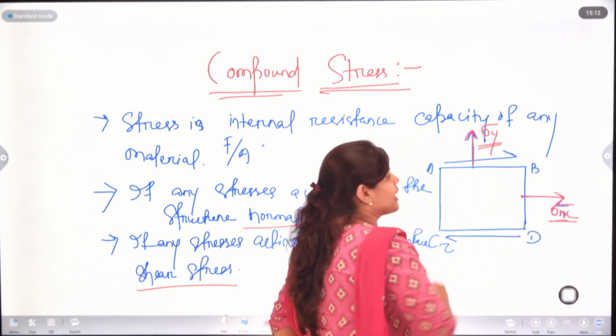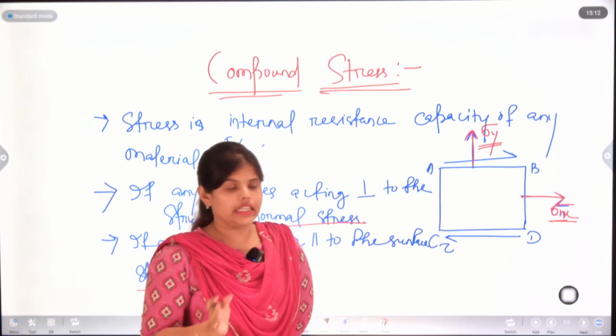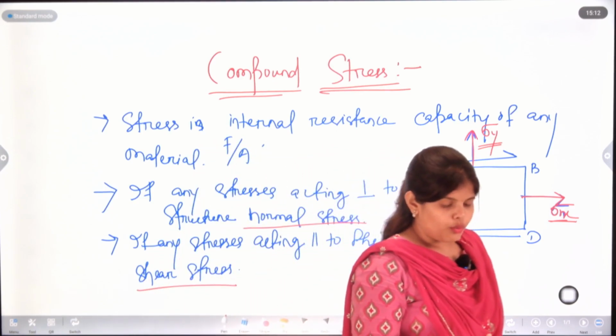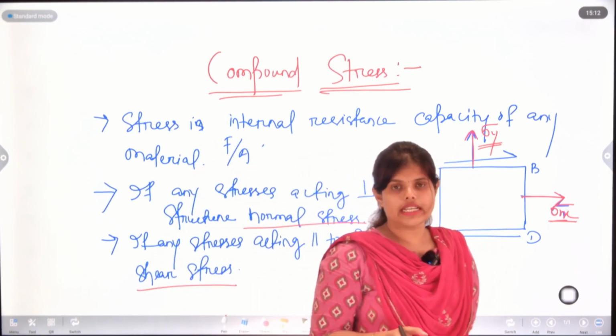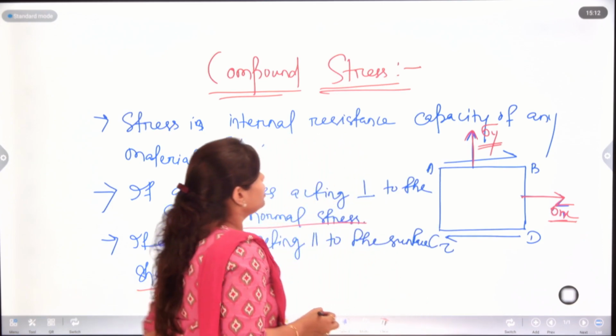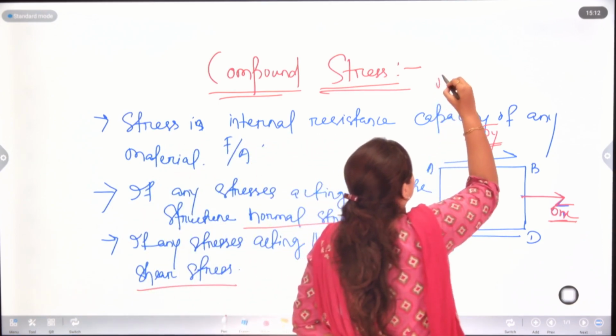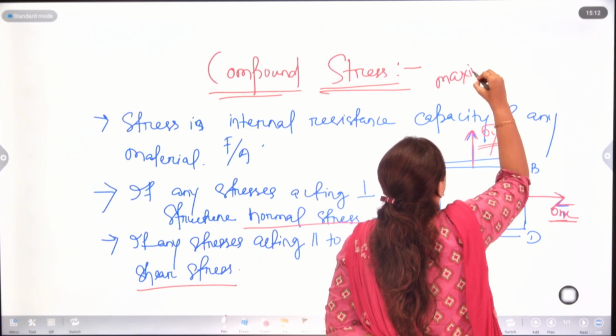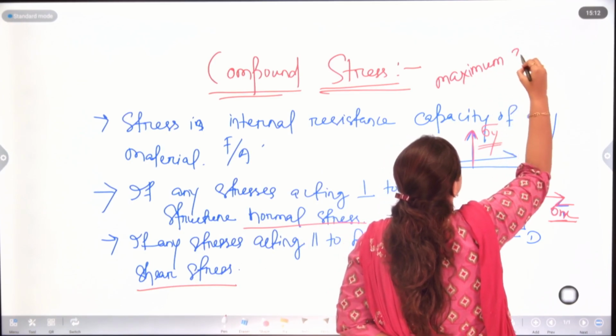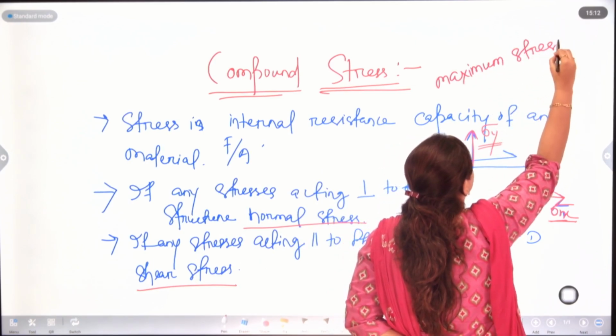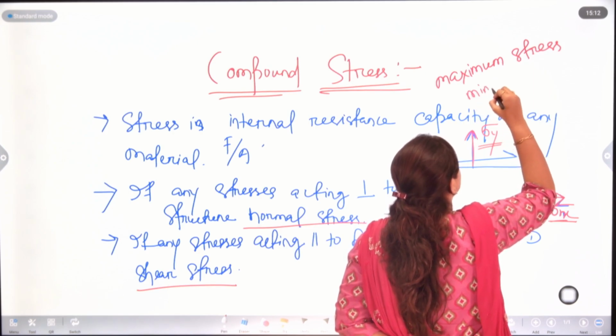In case of any body, if there is the presence of more stresses, there will be one maximum stress and another minimum stress.